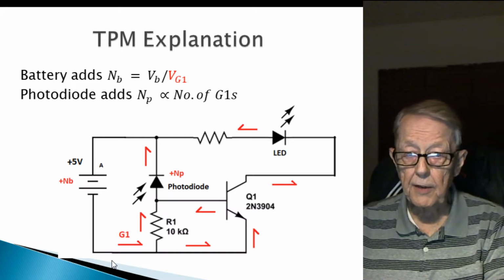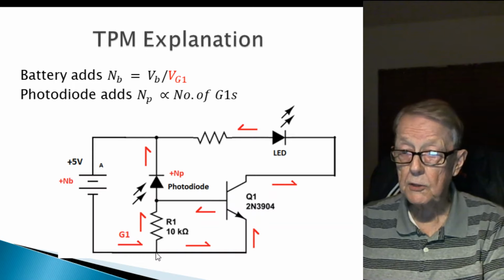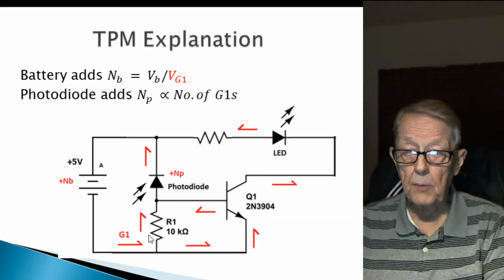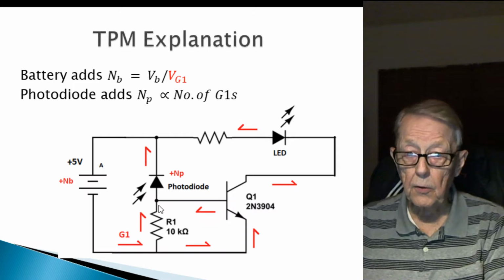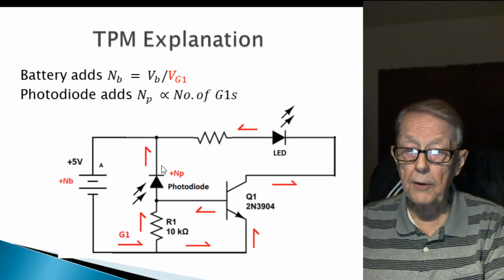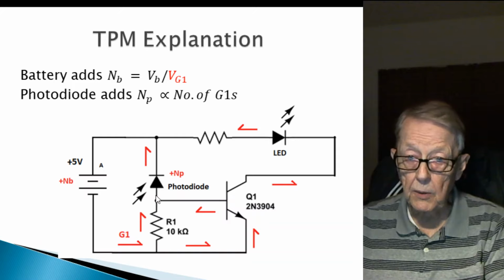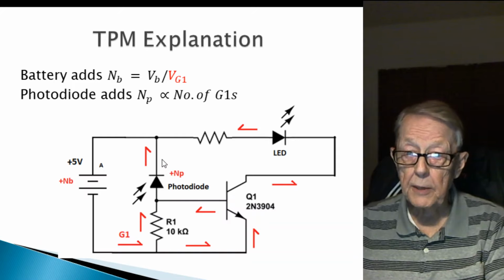You add 50. That's how many you have here. It splits at this connection point, just like it does with a parallel resistor. Some of them go this way, but most of them go that way. The few that go through here, as the G1s go through, you get G1s here, and you add NP, so whatever the value was here, you got more here.